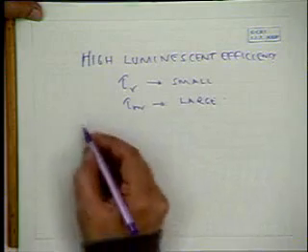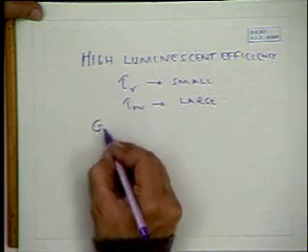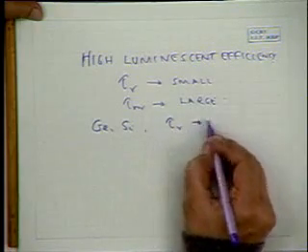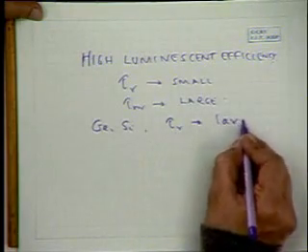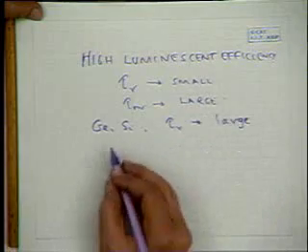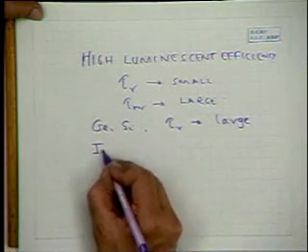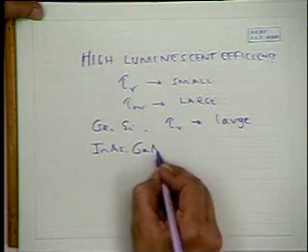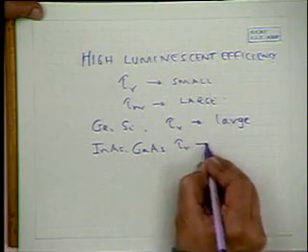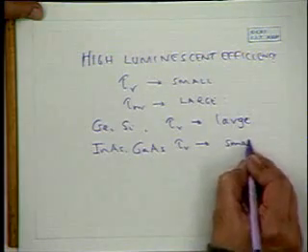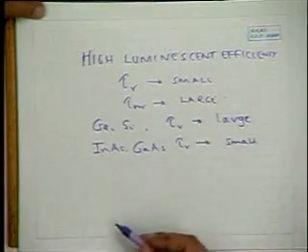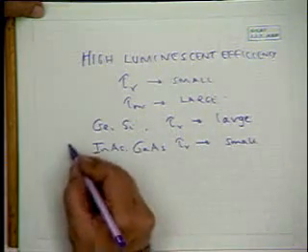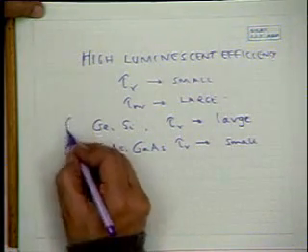Unfortunately, as we have seen, for materials like germanium and silicon, tau R is quite large, so tau NR prevails, whereas for materials like indium arsenide, indium antimonide, and gallium arsenide, tau R is small compared with tau NR, and hence we have high luminescence. These are direct gap semiconductors, and these are indirect gap semiconductors.